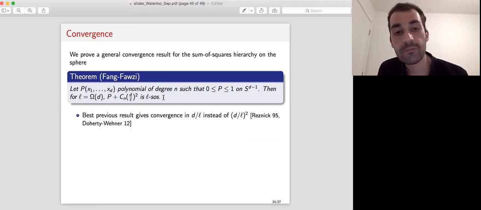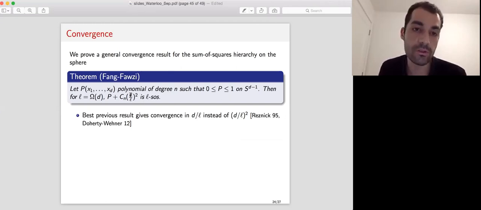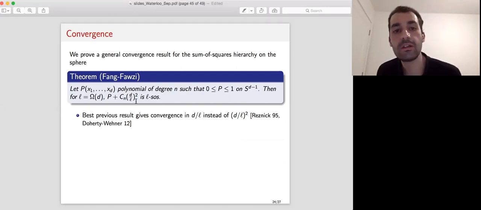The best previous result gives a convergence in d over L instead of d over L squared. So this result with Kuhn improves on the previous result when L is larger than d, which is the regime that we're interested in here.